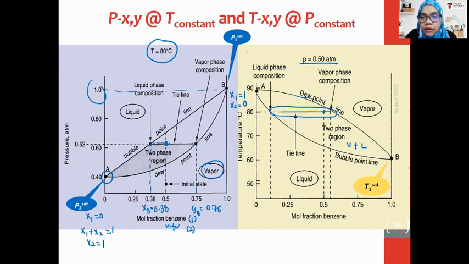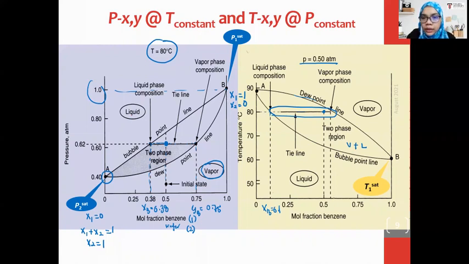If we draw it to the bubble point, it will give the composition of about xB here, 0.1. So the composition of benzene in the liquid phase at a temperature of 80 degrees Celsius is 0.1.